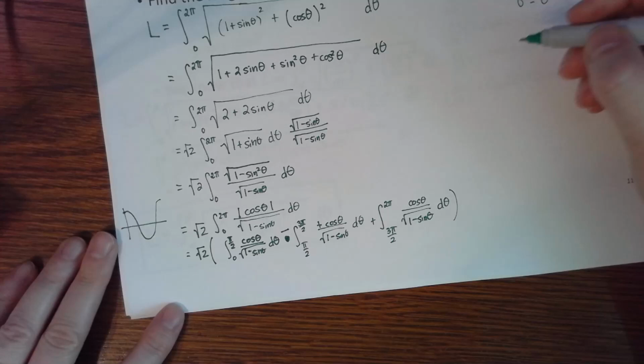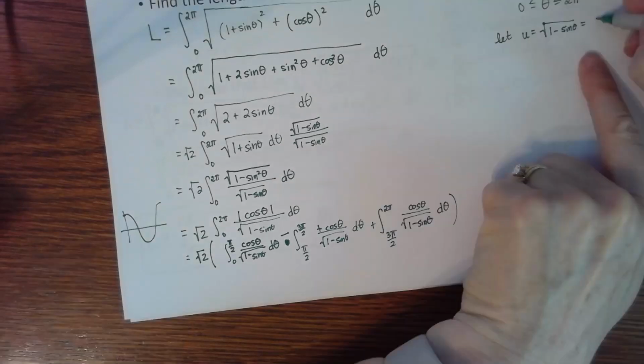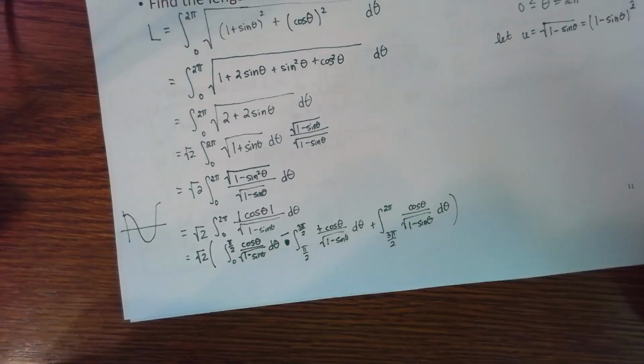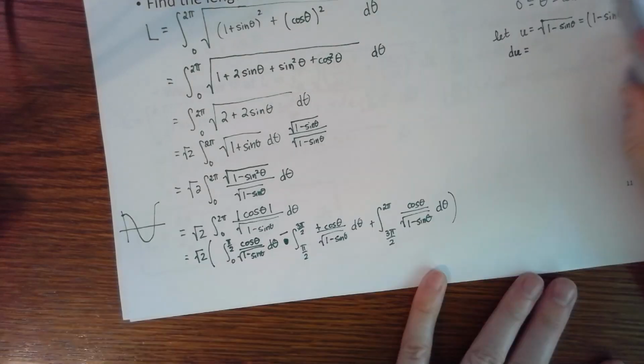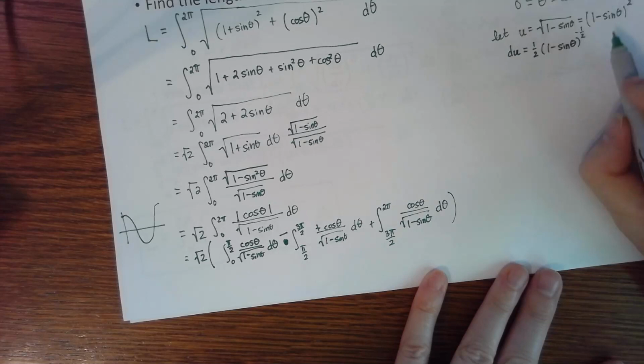Okay, and so the trick on this one is just doing the right substitution. On this one, we'll let u equal the square root of 1 minus sine theta, or another way to write that is 1 minus sine theta to the 1/2 power. Then du is equal to 1/2 of 1 minus sine theta to the 1/2 minus 1, which is negative 1/2, times the derivative of the inside, and the derivative of the inside is negative cosine theta.